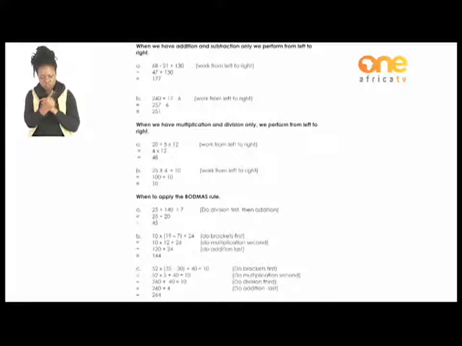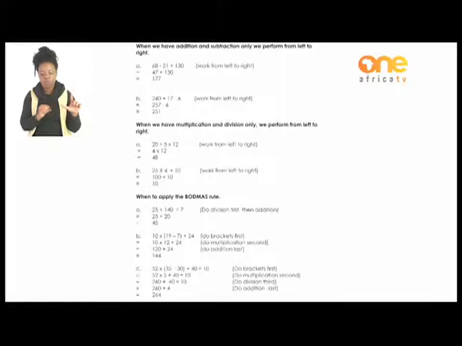Let's try example B. 25 times 4 divided by 10. Here the multiplication is first, so we work from left to right.